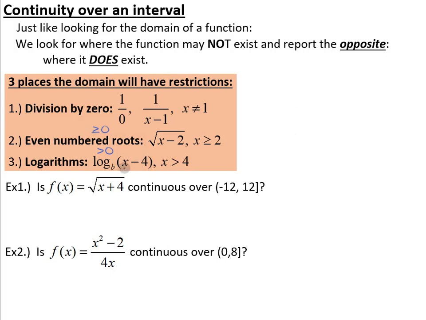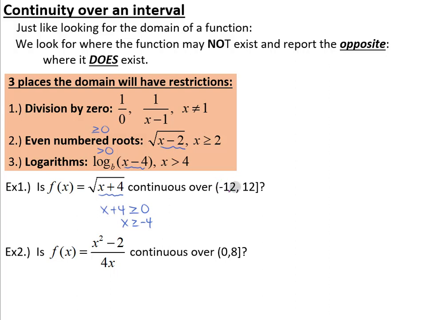Same thing here. So to find our restriction, we take the expression inside, x plus 4, and say that has to be greater than or equal to 0. That is a restriction on even roots. So if you subtract 4 from both sides, we know that x has to be greater than or equal to negative 4, or our function is undefined.